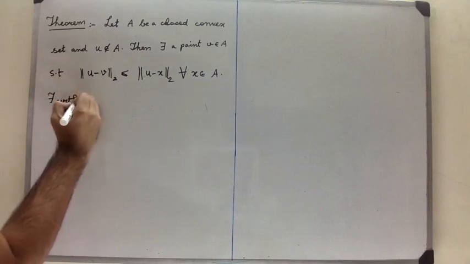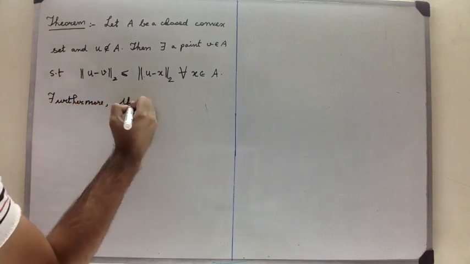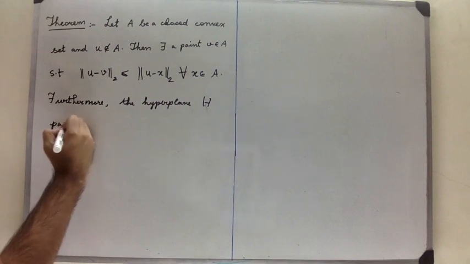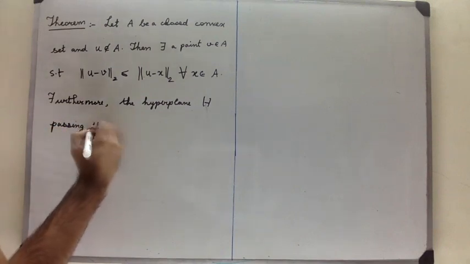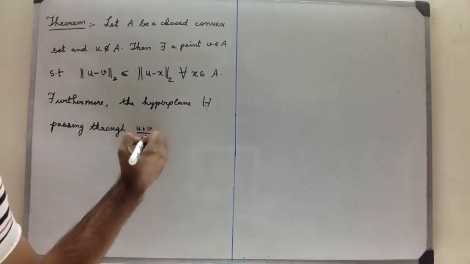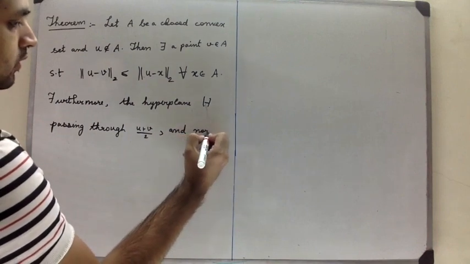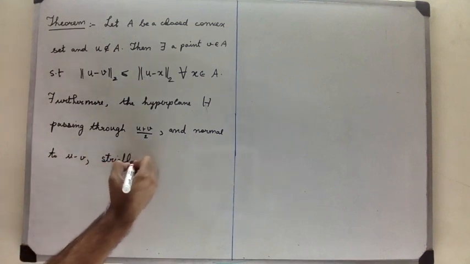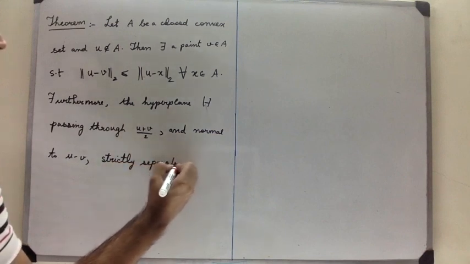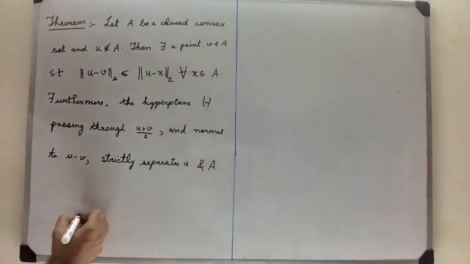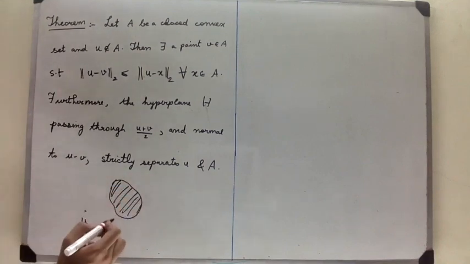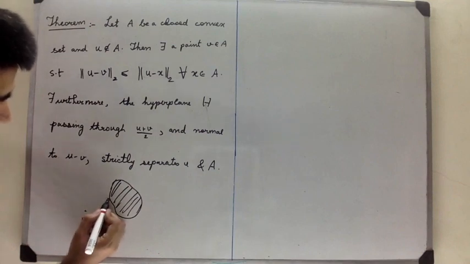Furthermore, the hyperplane H passing through (u + v)/2 and normal to u - v strictly separates u and A. So for example, if this is u and you had some closed convex set here, it need not be bounded, but for explanation purposes I'm using a bounded example of A. We have to find the point closest to u.